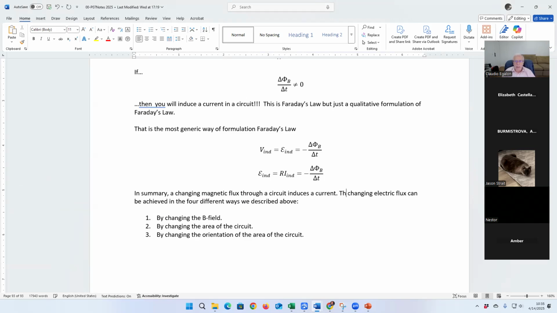This changing magnetic flux, B flux, okay, can be achieved in different ways, as we described above: by changing the B field, by changing the area of the circuit.